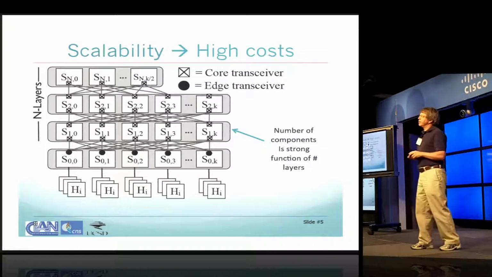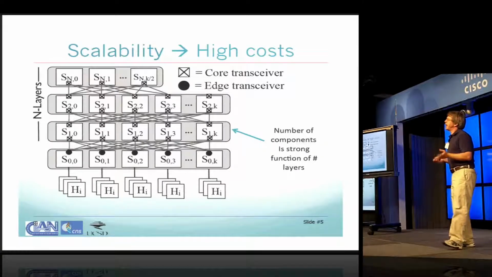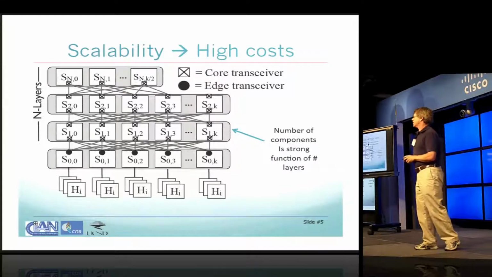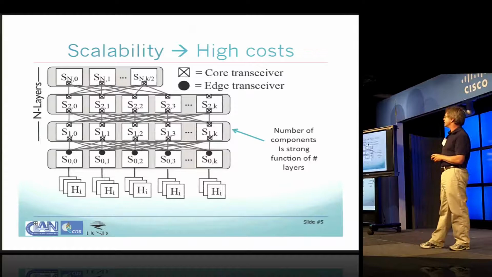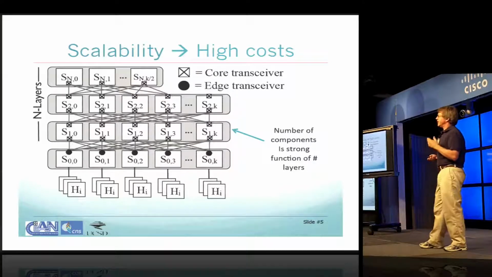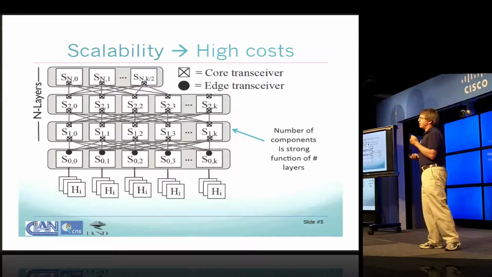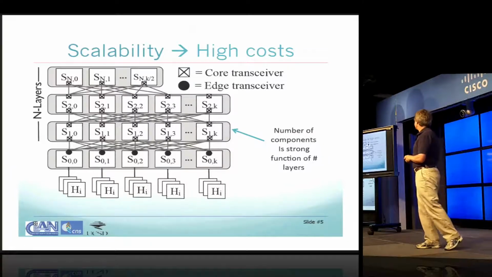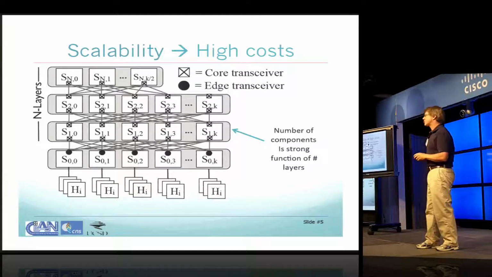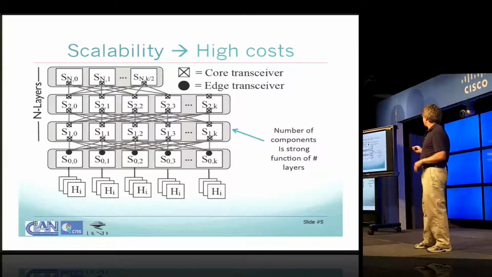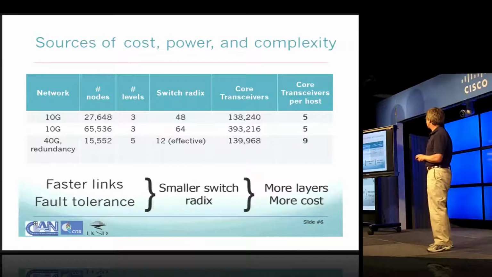And particularly if you're building a full bisection bandwidth fat tree, which is one of the standard types of architectures used in data centers, that complexity translates to significant scaling in the number of ports, and particularly with respect to the optics involved, the number of transceivers. So the number of components is a very strong function of the number of layers that you use in your network, and that's shown in the next slide.